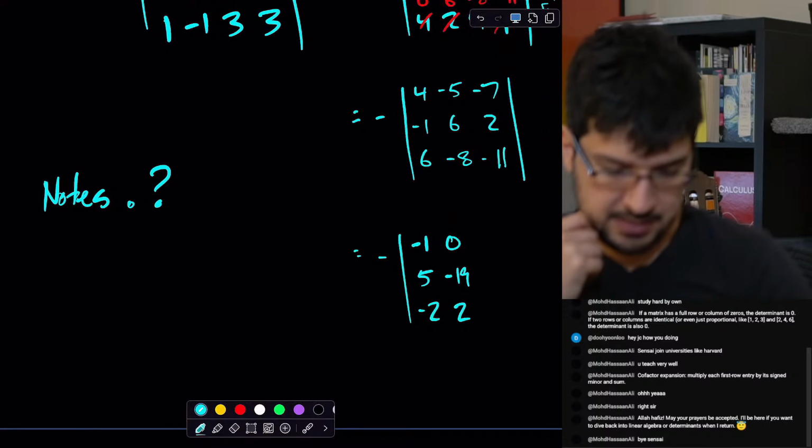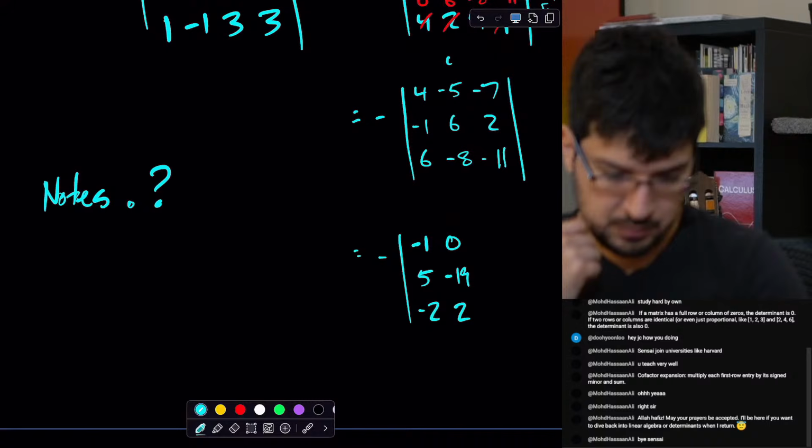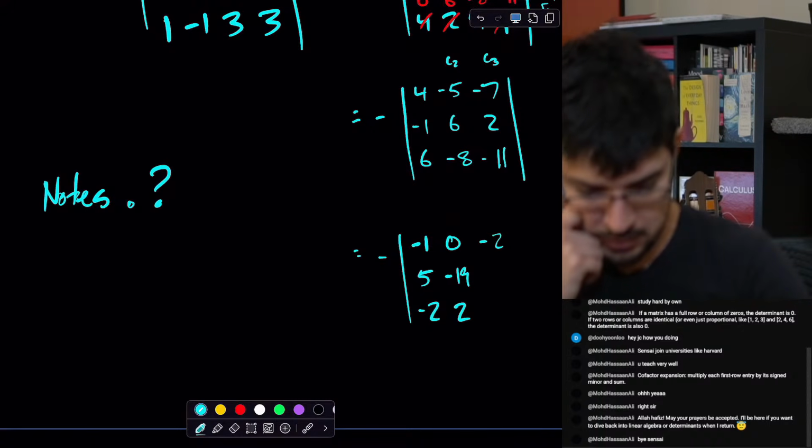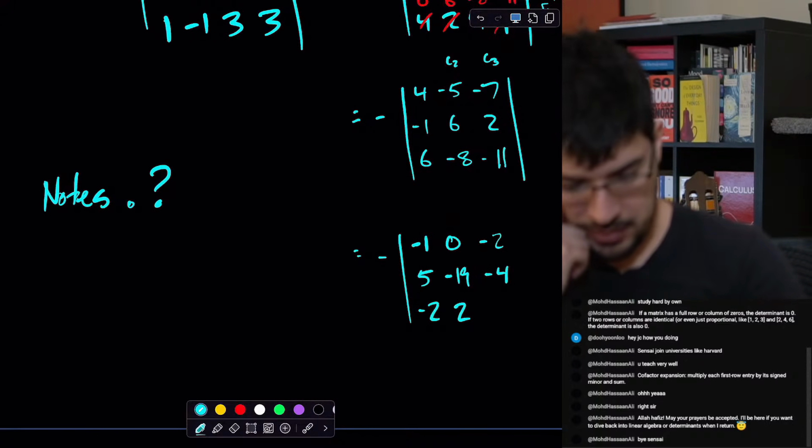Let's subtract the second column from the third column of the prior matrix. Then we have negative 2. 2 minus 6 is negative 4. Negative 11 minus negative 8. Negative 11 plus 8 is negative 3.